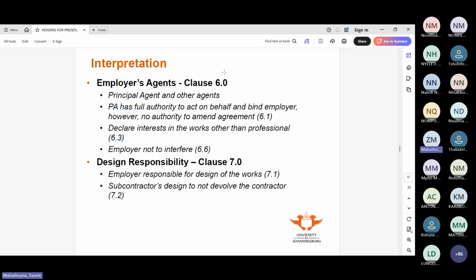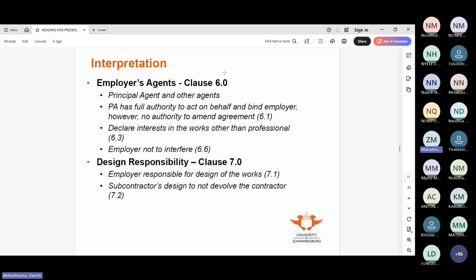The agents appointed by the employer will be identified under the construction information. If you go into your bill of quantities and into your preliminaries, you will see they're listed there. Those authorized persons may be changed by notice to the other party.